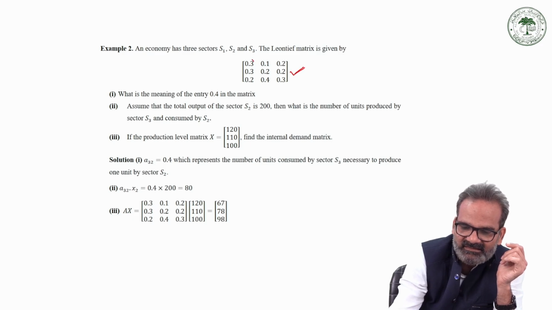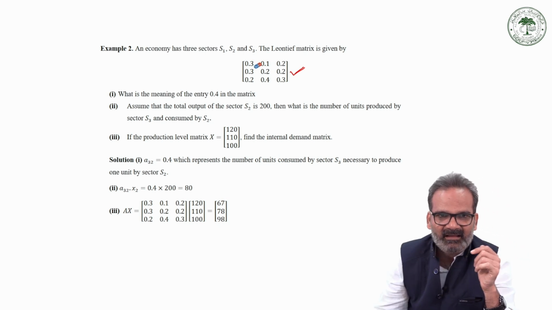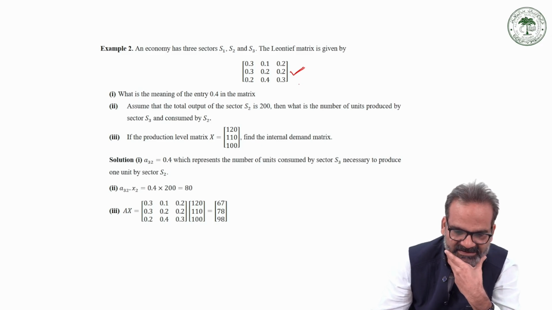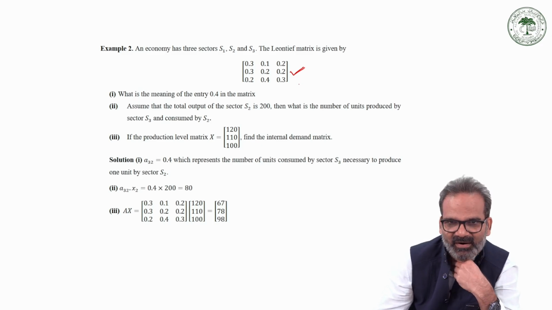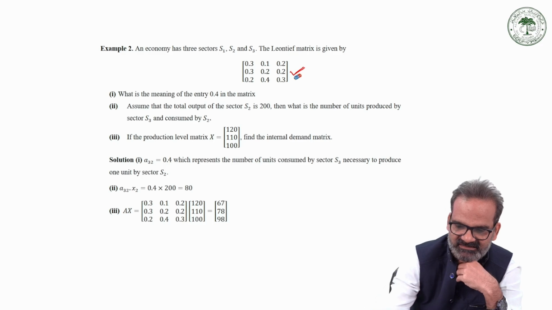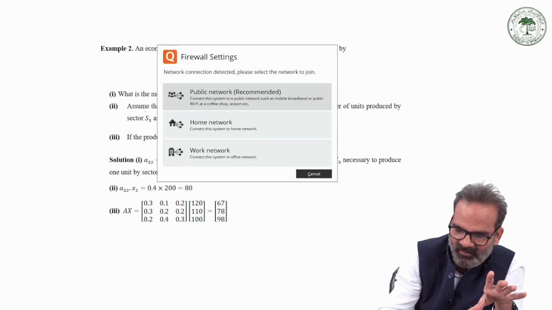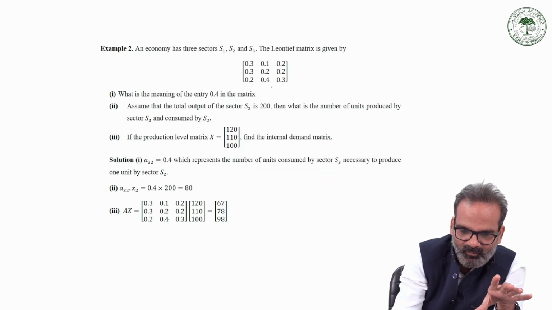The first term is A11, A12, A13, like this, right? What do you want to calculate? What is the meaning of the entry 0.4? See this, the Leontief matrix is given to you. What is the meaning of entry 0.4? 0.4 is this entry.